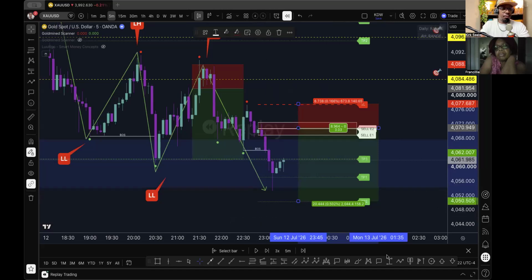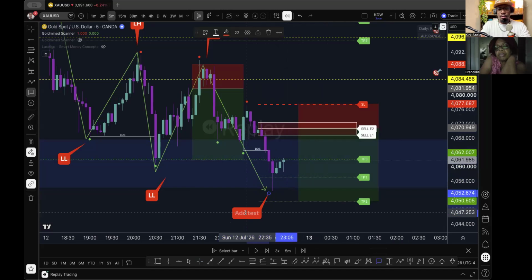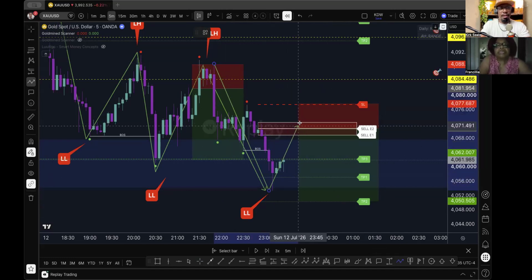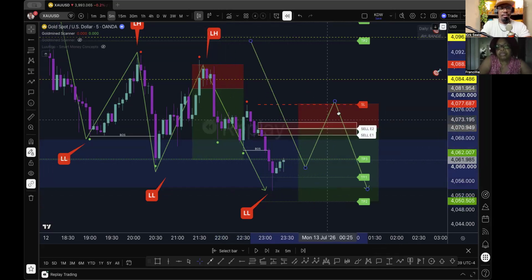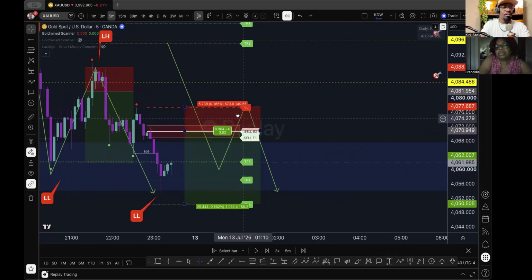So now from this, let me label it, from this lower low, because I want to bring back that same pattern that I showed you before. Price comes down, then it comes up, and we're hoping that it continues to go down.